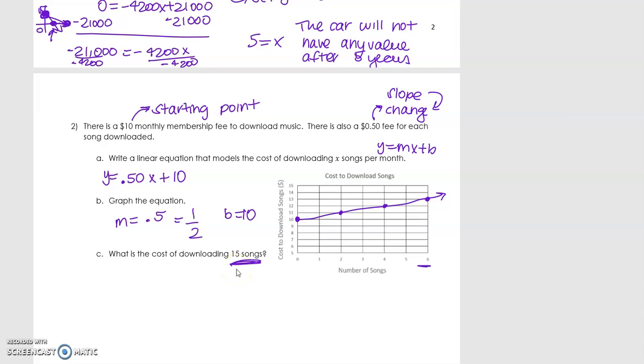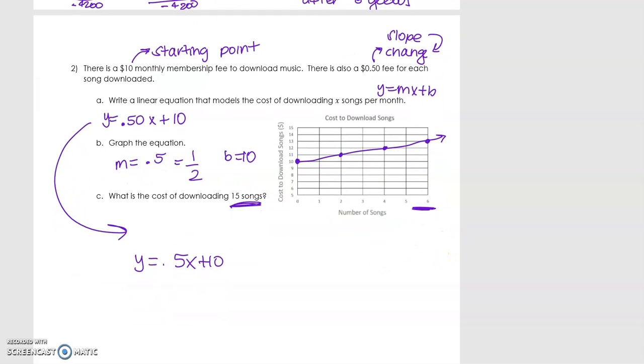So it's a bummer, right? I can only see my graph up to 6. That's when I use my equation. y equals 0.5x plus 10. And we're going to substitute. Well, x represents the number of songs, so I'm going to set 15 in for x. Substitute it in, and then we just apply order of operations.